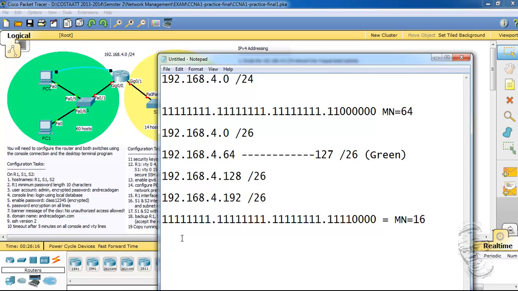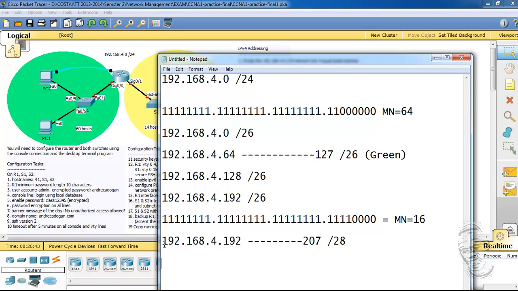So our first subnet of this last subnet would be 192.168.4.192, going all the way up to 207, and this will be a /28.